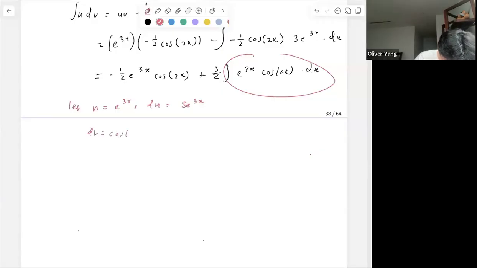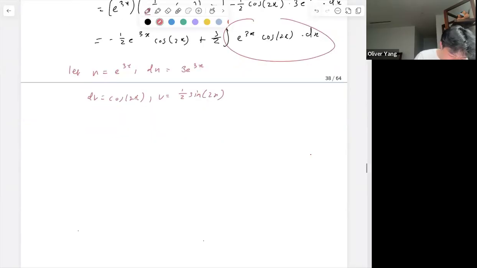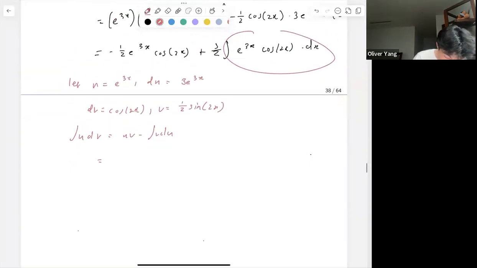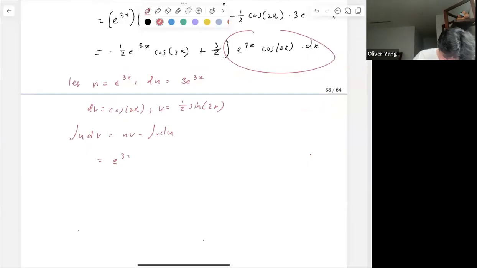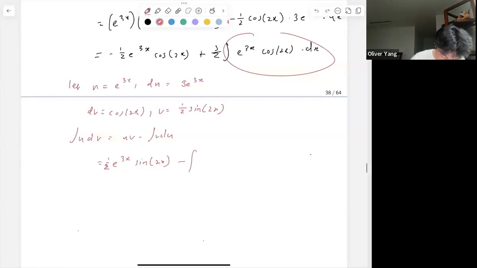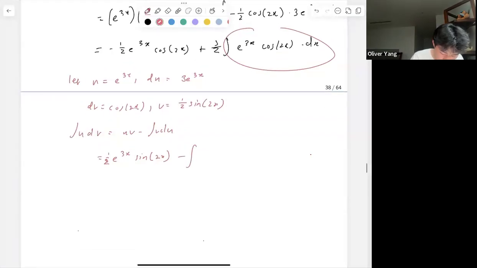So dv is cos 2x. We're going to integrate this and it's going to be a half sine 2x. So in our formula, we're going to get u, which is e to the 3x, v, which is a half sine 2x, minus the integral of v du, where v is a half sine 2x and u is just e to the 3x.